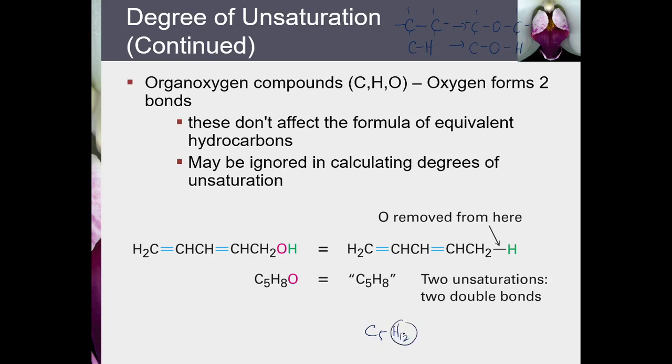So you should have 12 hydrogens in an alkane. Pero dahil ang formula mo dito is C5H8, meron kang nawawalang 4 hydrogens. So, every pair of hydrogens na kulang ay equal sa 1 degree of unsaturation. So, dito sa C5H8, meron kang dalawang unsaturation and that could be 2 double bonds.